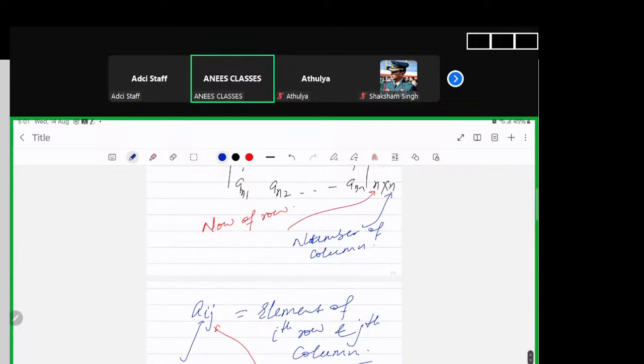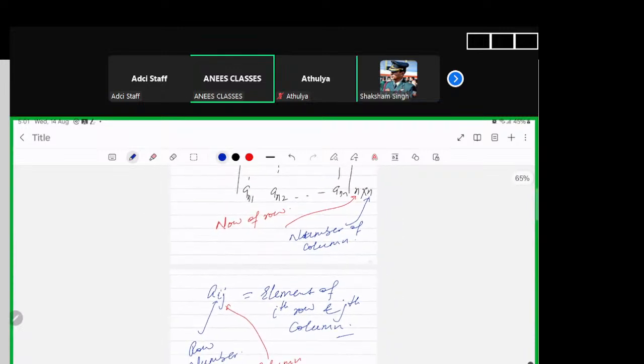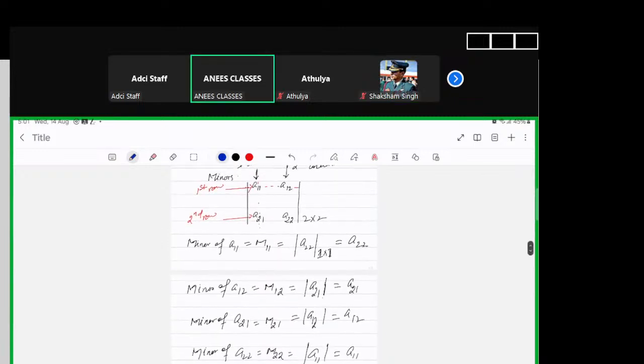Understood? Saksham? Yes, sir. So A11 is the element of first row, first column. A21 is the element of second row, first column. A22 is the element of second row, second column. A12 is the element of first row, second column. Understood? Yes, sir.